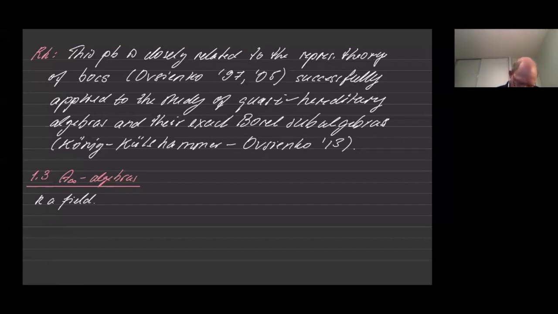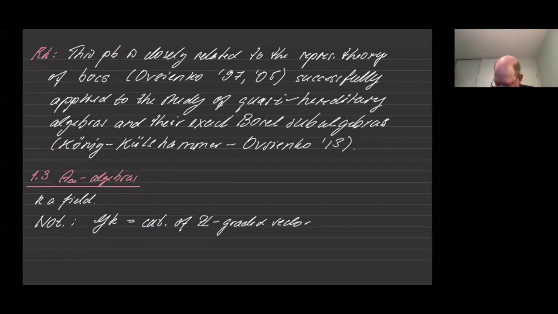I need to introduce some notations related to graded objects and complexes. Let's write G of K for the category of Z-graded vector spaces, V equal to the sum of the components V_p.